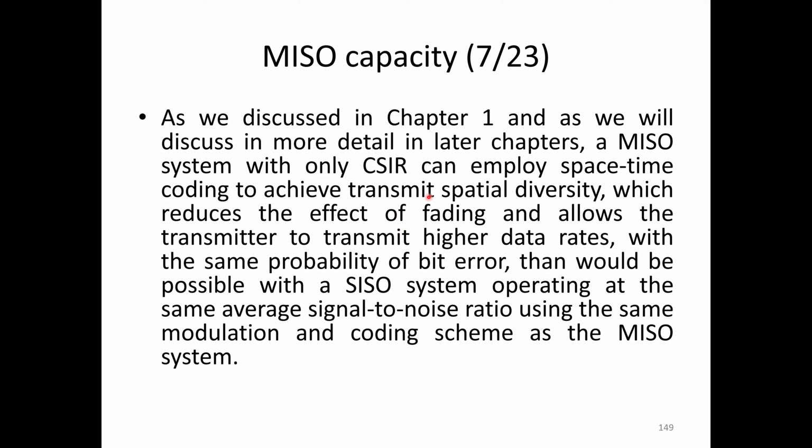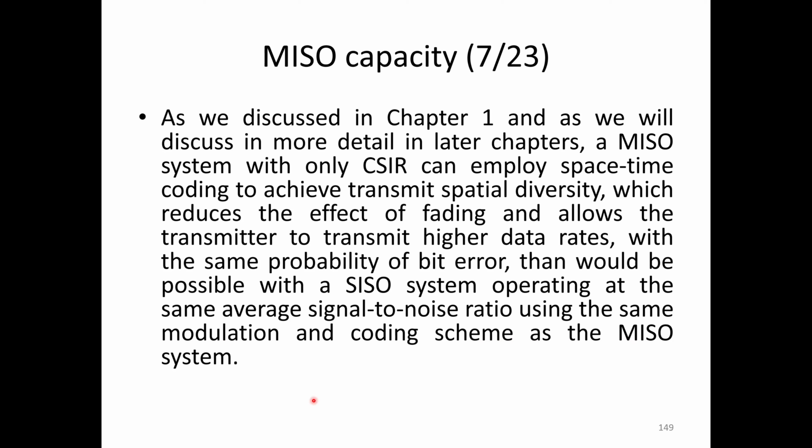Because you can reduce the effect of fading, the system performance becomes better, with the same probability of bit error as would be possible with a SISO system operating at the same average signal to noise ratio using the same modulation and coding scheme as the MISO system.